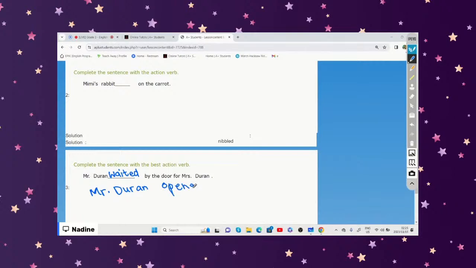opened the door for Mrs. Duran, right? So which means that opened is also one of our action verbs. But if we specifically look at the sentence that we had to complete, then waited or waiting is the correct answer, right?